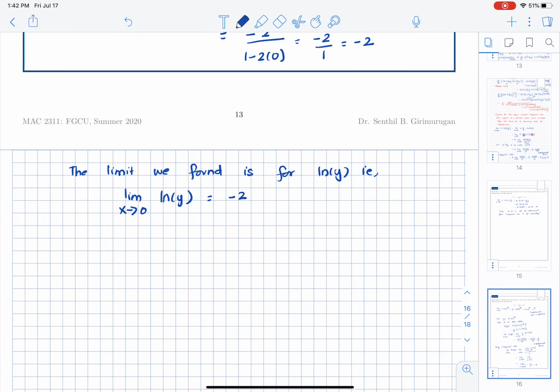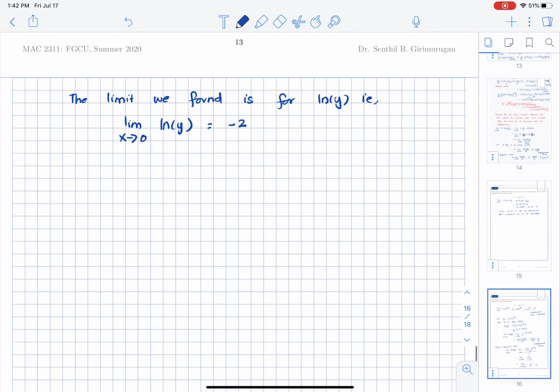So we want to find the limit of y. Using limit properties, we can move the limit inside. So ln of the limit as x approaches 0 of y would be negative 2. Exponentiate on both sides.